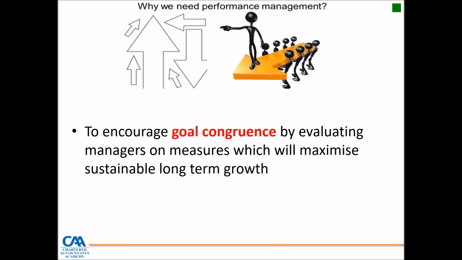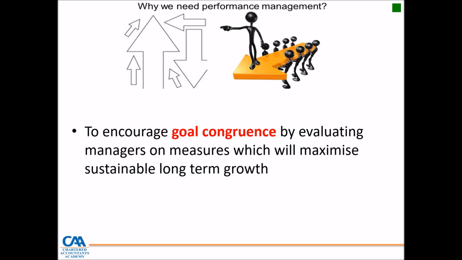For example, a manager may decline to invest in a project with a positive net present value if it will not increase the current year profit in the short term. That's a classical example of how a manager might not act in the best interest of the entity. The best way to fix this is to evaluate on a longer term.